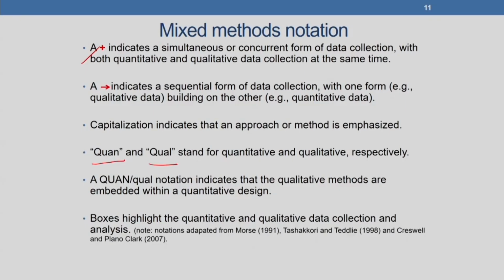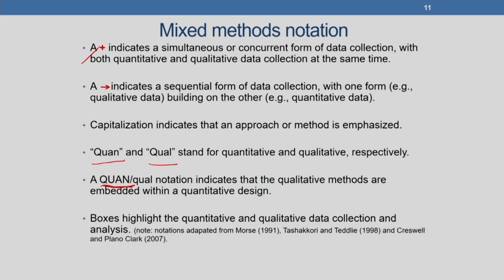When there is an arrow, it indicates a sequential form of data collection with one form, for example qualitative data, building on the other, for example quantitative data. Capitalization indicates that an approach or method is emphasized. Whenever you see a capitalized quan or qual in a visual model, it means that approach is being emphasized more in that design.